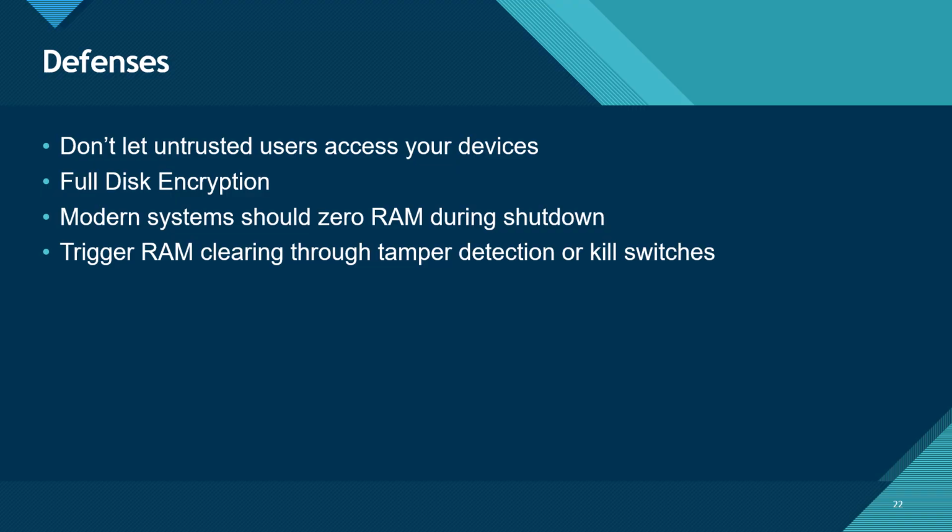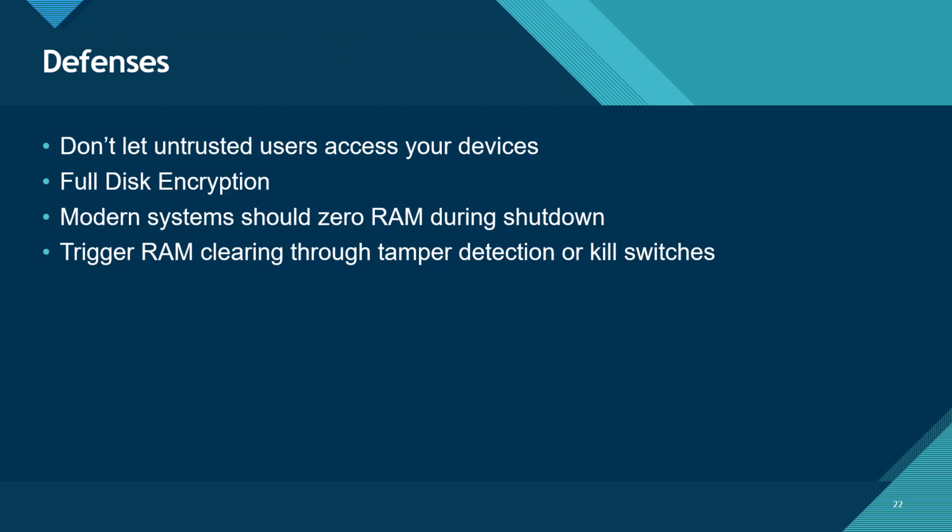So the next question here is, how do you protect against this? First, and this may sound a little silly, don't let untrusted users near your device. This is the main thing. Once someone else has physical access to your device, there's really no telling what they can do with it. The full disk encryption is good, but only really helps if the memory is actually cleared.